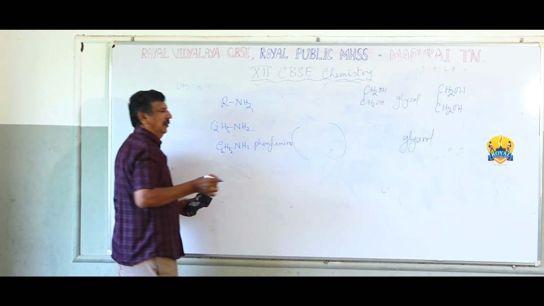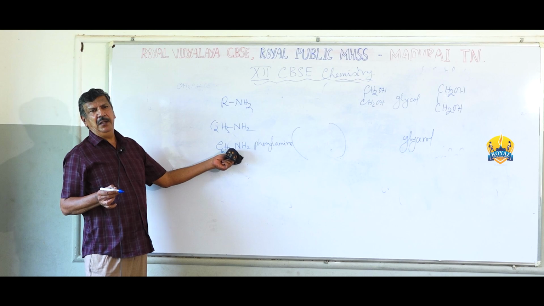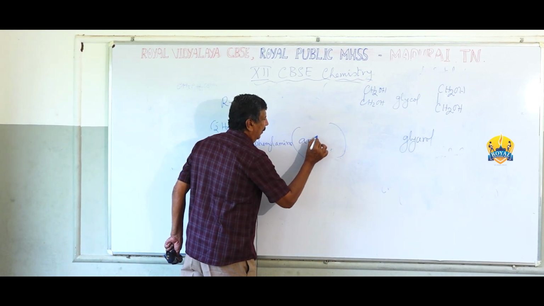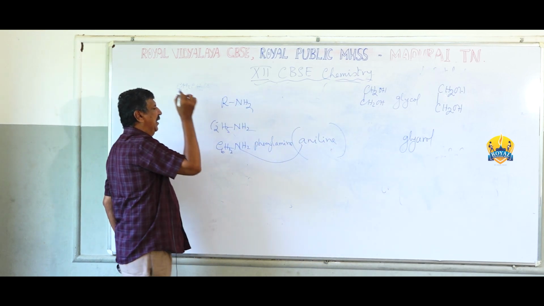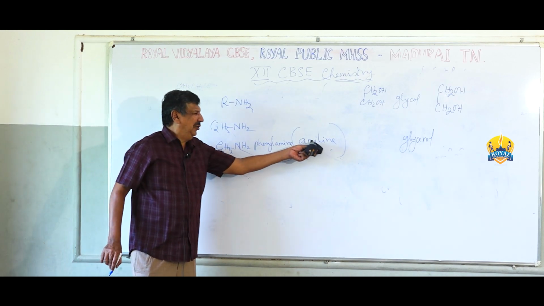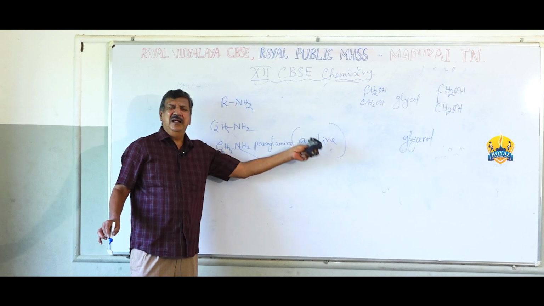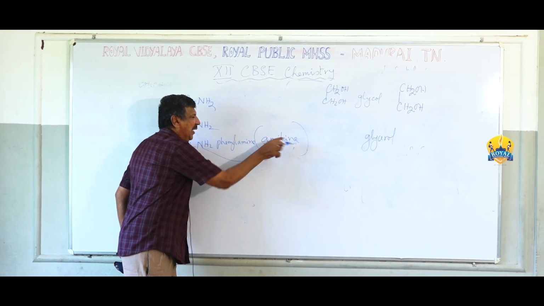But be careful, since it is used in the industry, they change the name as aniline. Be careful, aniline means phenylamine. So these are things you have to bear, no other way. Aniline belongs to amine, but it is phenylamine.